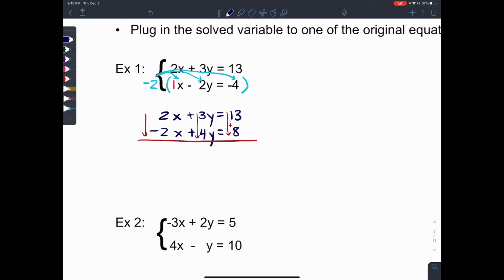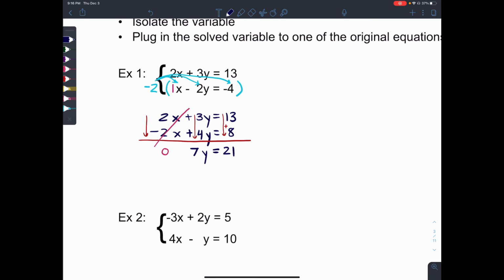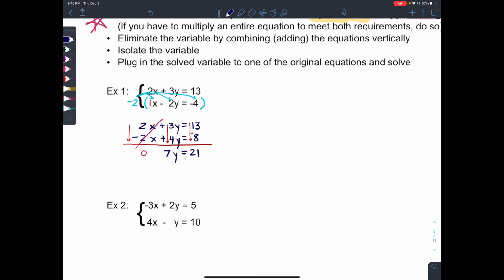So here, our x's cancel out. They give us 0. We get 3y plus 4y gives us 7y. 13 plus 8, that gives us 21. So now we've done that third step, we've combined.